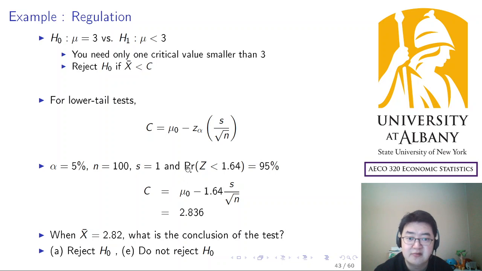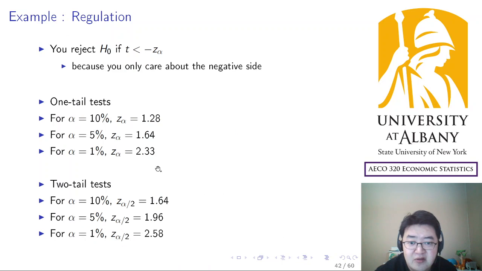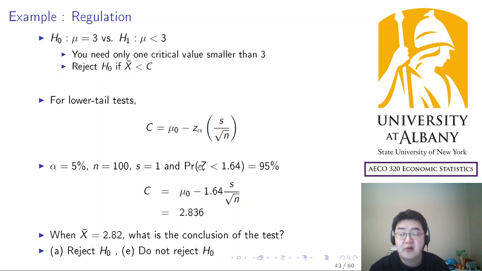In our example, it is easy. We know how to do it. One more thing: the z value here uses alpha. This z alpha is different from the z alpha over 2 we used for two-tail tests or confidence intervals.